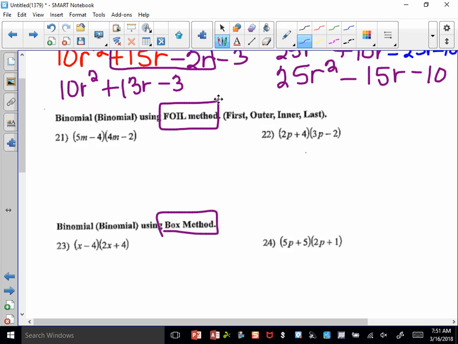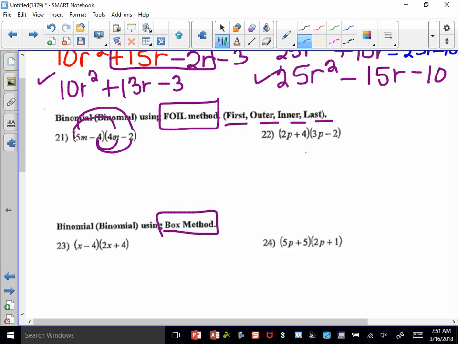FOIL just simply means first, outer, inner, last terms, which is exactly what we did in the 2 examples above. So if you want to remember that acronym, you can. Okay, it just gives you a way to remember. First terms, outer terms, inner terms, last term. Okay, so that's exactly the same process that we just did above.